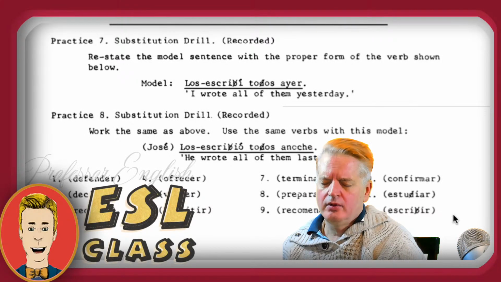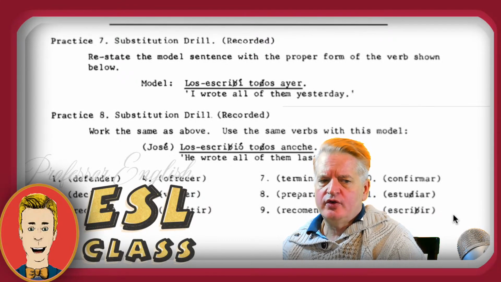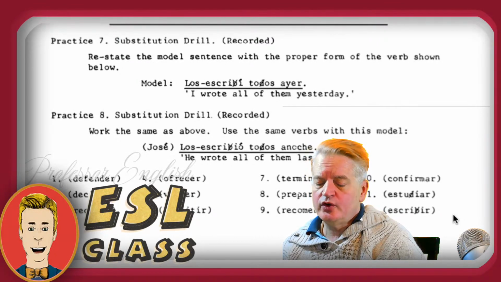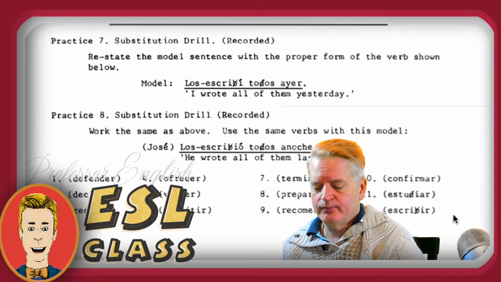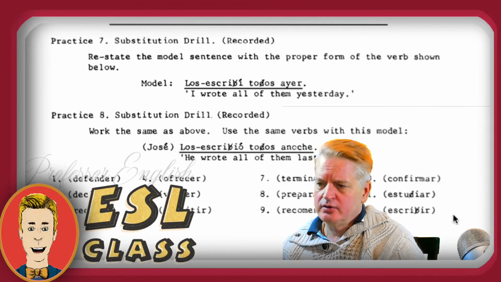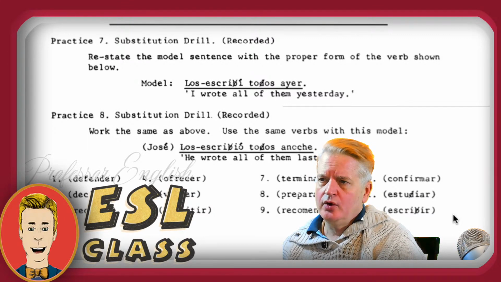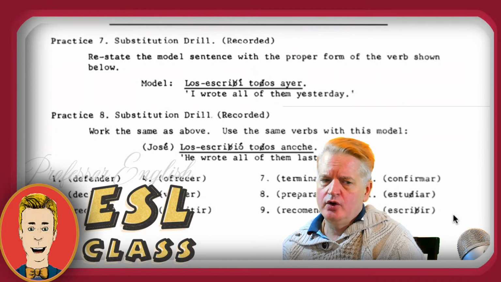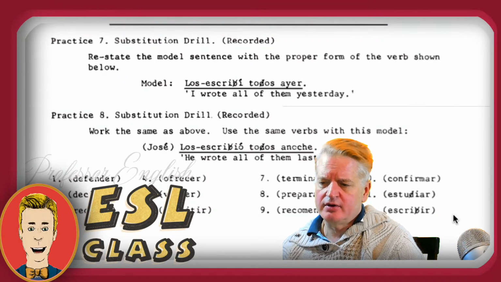Number 4. Ofrecer. Los ofrecí todos ayer. Number 5. Vender. Los vendí todos ayer. Number 6. Permitir.